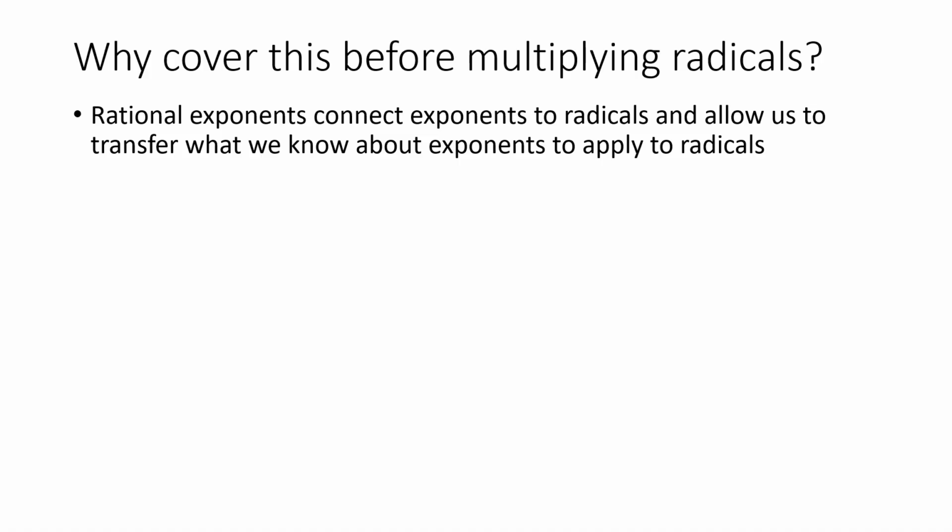Well, that's because rational exponents connect exponents to radicals. So we actually have this connection between these two concepts and it allows us to transfer what we know about exponents to apply to radicals. Basically, I started drafting a lesson for multiplying radicals and was unhappy with the fact that I would just be giving a rule with no rationale behind it.